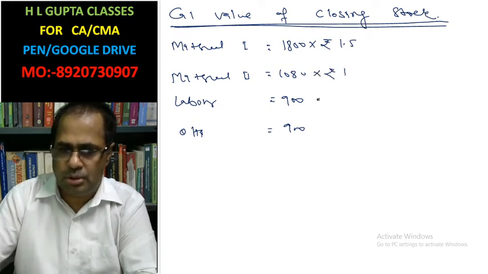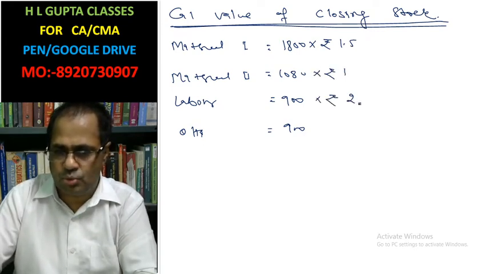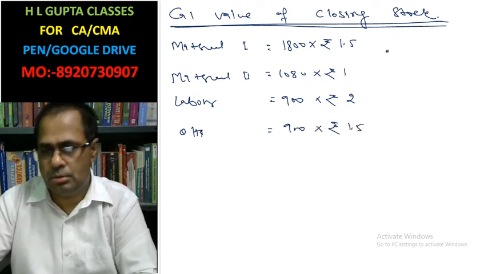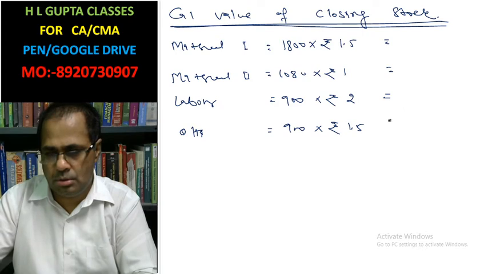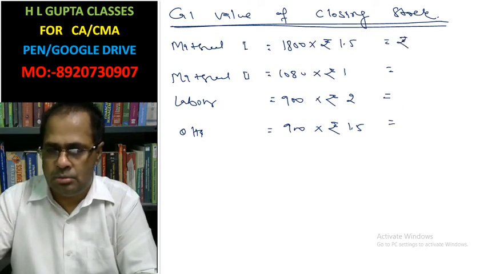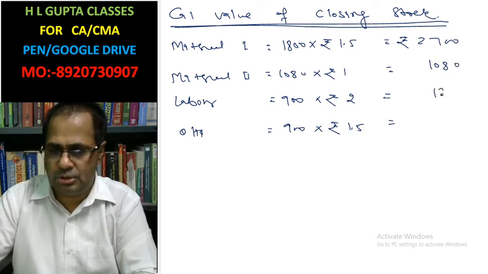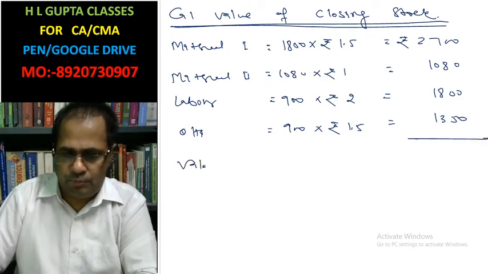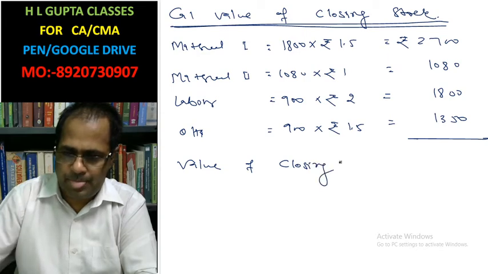Cost, this is 1.5. This is 1. This is 2 cost per unit. This is 1.5. 2700, 1080. This is 1800. This is 1350. Value of closing stock.